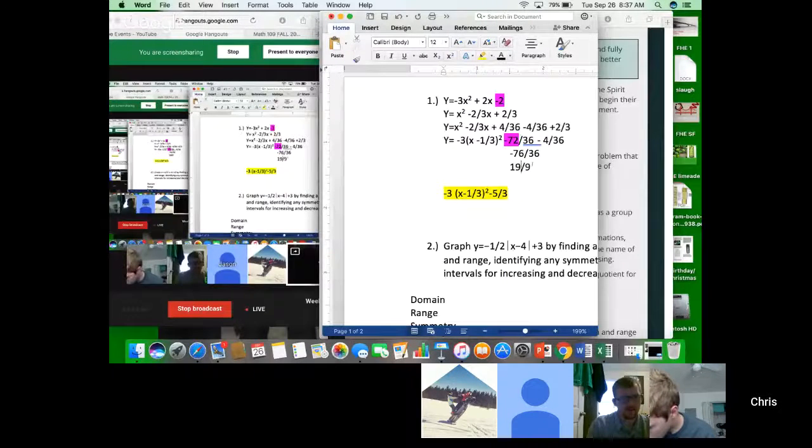And then you have to take into account that you're multiplying that by negative 3, which gives you negative 1/3. And then with the answer that Chris has, you subtract 5/3 from that, which gives you negative 6/3, which gives you negative 2. So the 4/36 doesn't make sense to me if we're just squaring the 1/3.